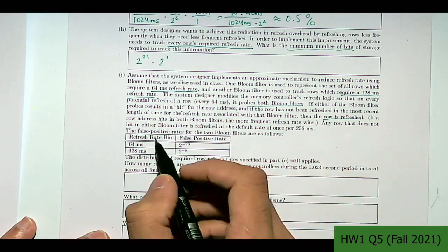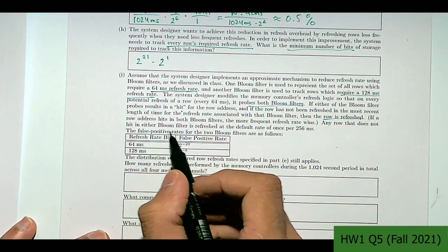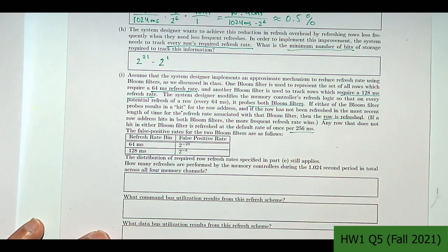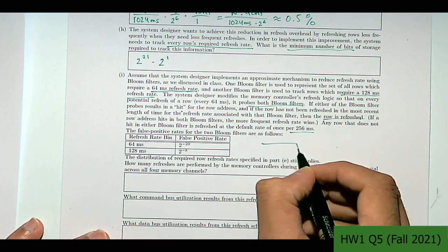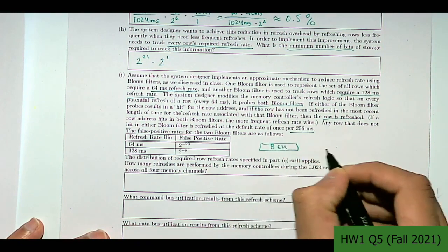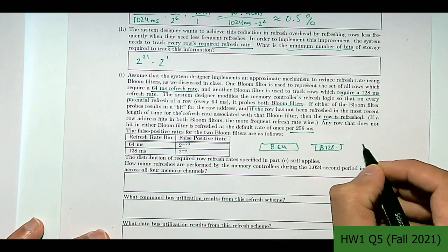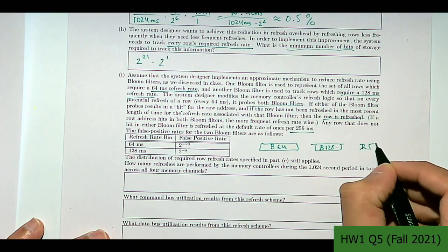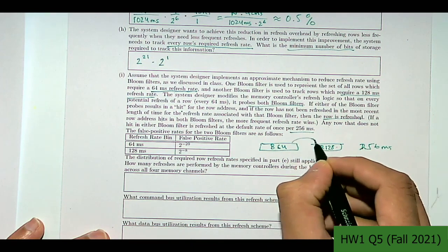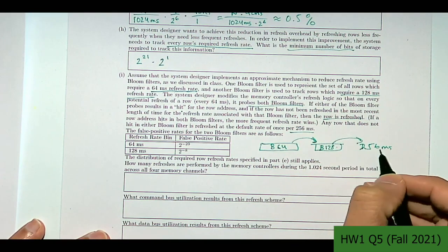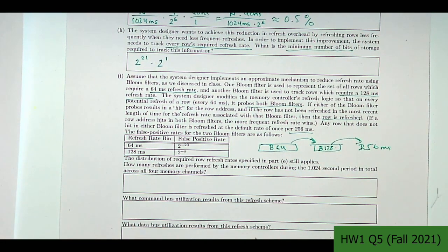Any row that does not hit in either Bloom filter is refreshed at the default rate of 256 milliseconds, right? So we have a Bloom filter for 64 milliseconds, a Bloom filter for 128 milliseconds, and the default of 256 milliseconds. We probe these two where the 64 millisecond has priority, and if neither of them is a hit, then we use the 256 millisecond quantity.